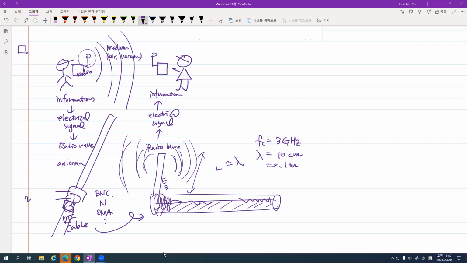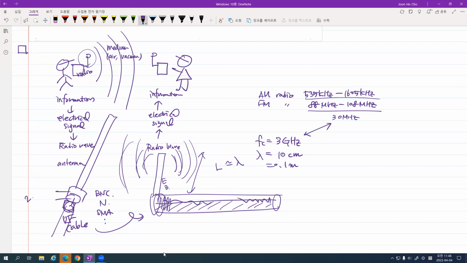And some of you may wonder, then what about my AM radio, which my father and mother used when I was a kid? AM radio has a center frequency of some kilohertz. And your FM radio in Korea has a center frequency around here. Let me see, the number is not beautiful, so let me just say I have 30 megahertz, just for simplicity.